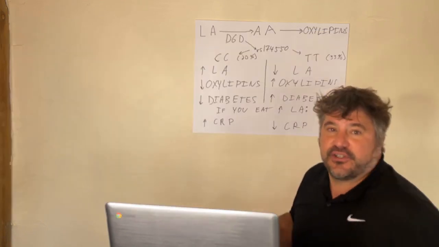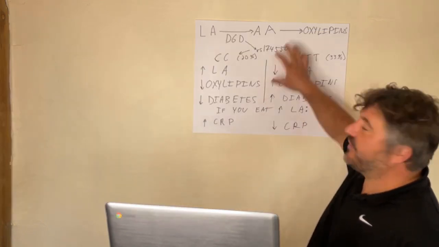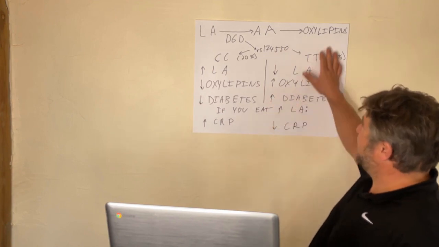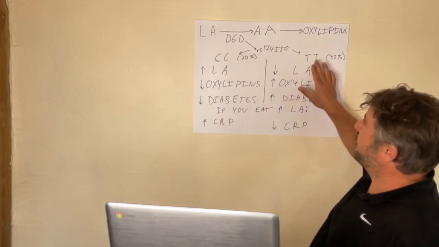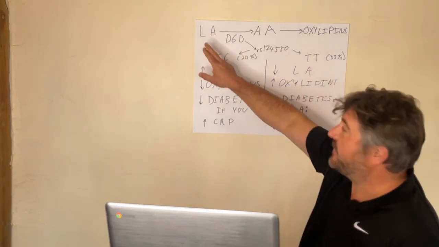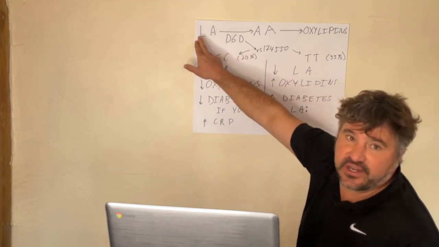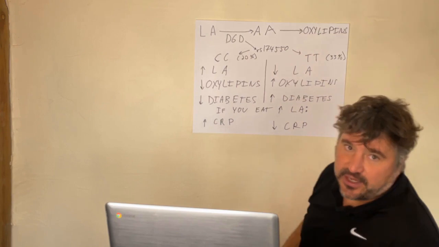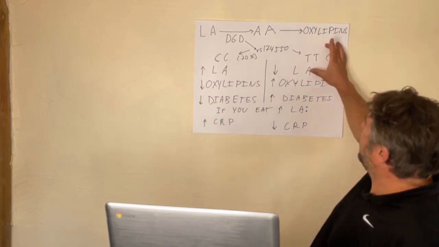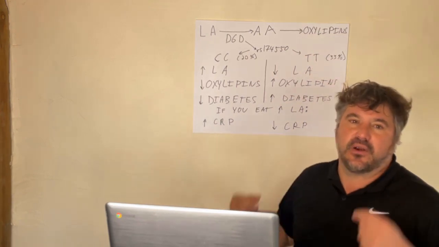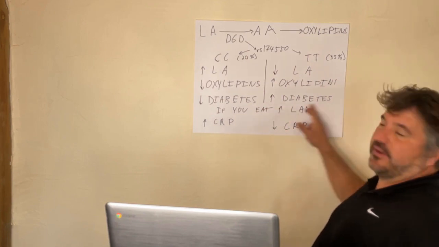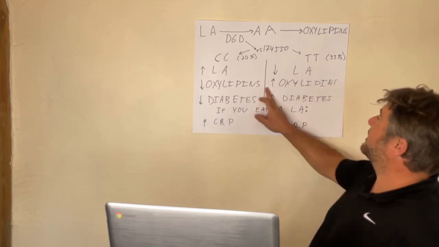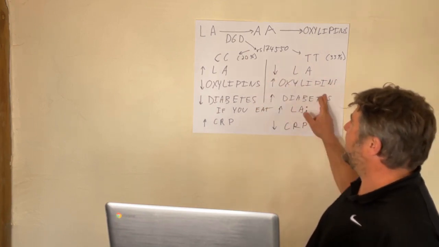So the TT over here are more likely, they have a more active D6D. So they convert more linoleic acid via D6D to oxylipins. And so those TT people are likely to develop diabetes. They have high oxylipins. They have low linoleic acid, right?